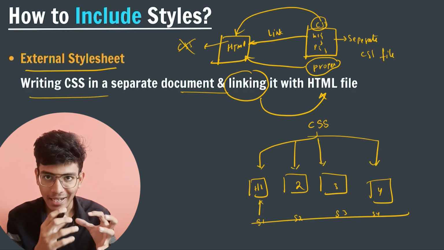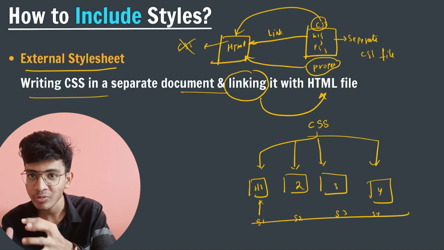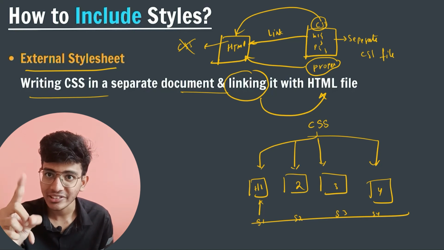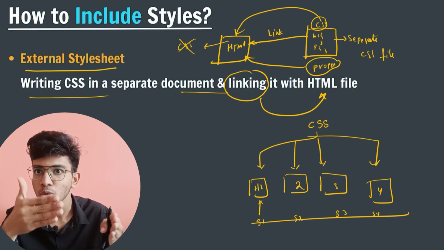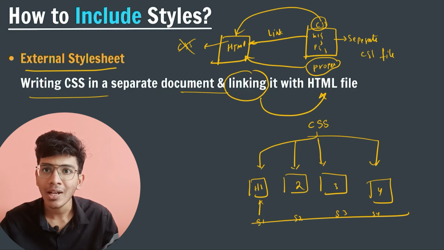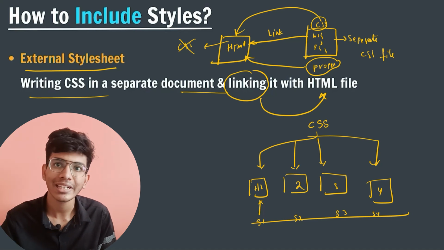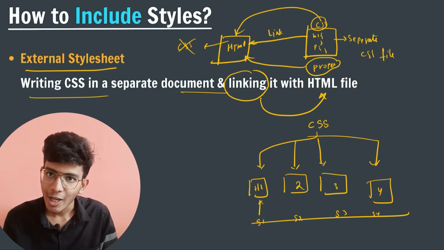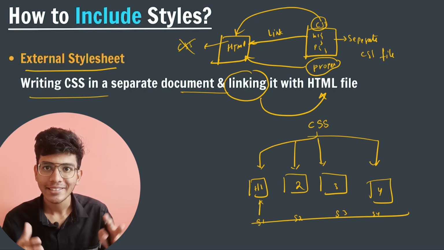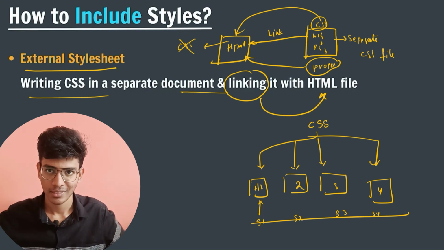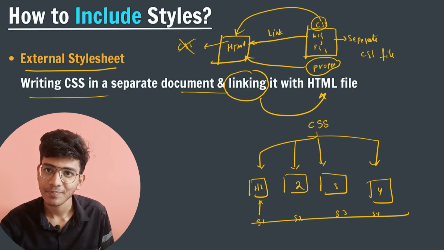So you're not writing your style tag multiple times, you're writing your CSS file once, but you're just giving a link to these multiple HTML documents, and these multiple HTML documents will follow the properties of one single CSS file. I hope you have understood. And let's say that I have 100 HTML documents.